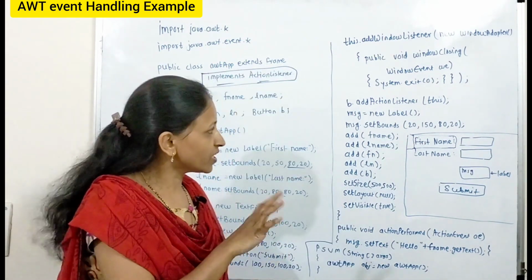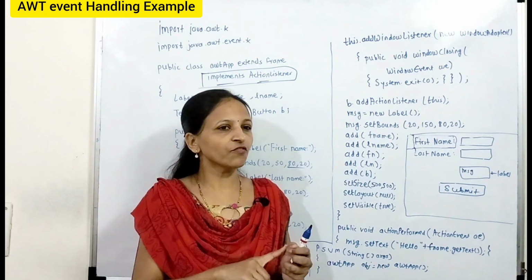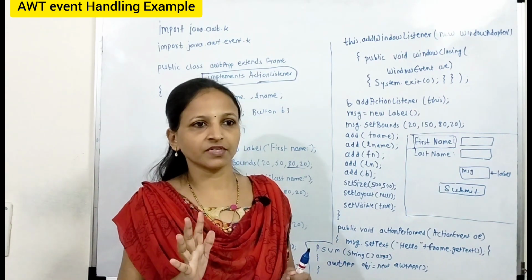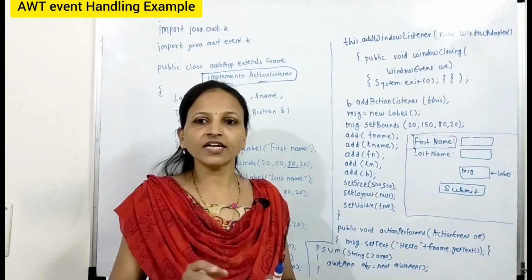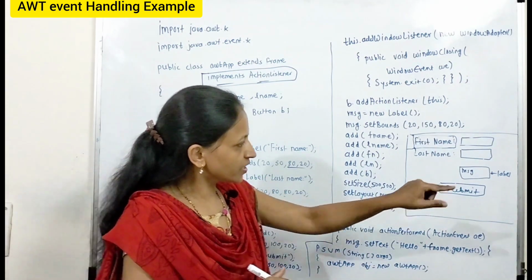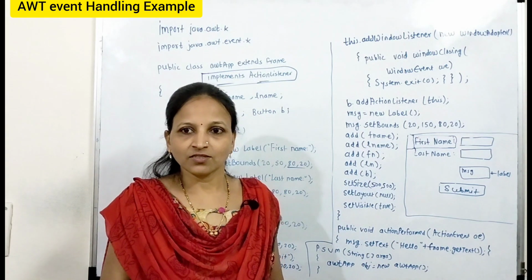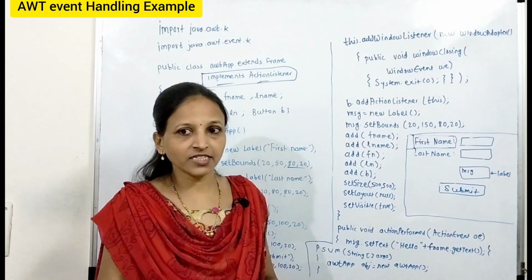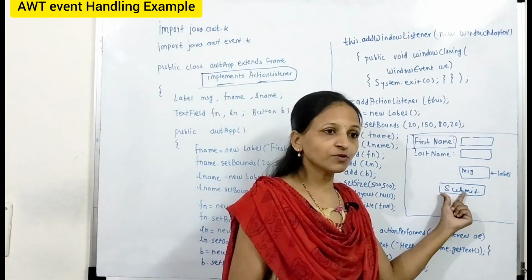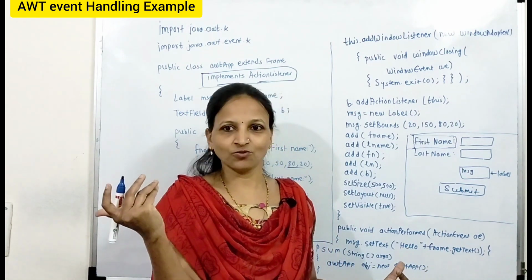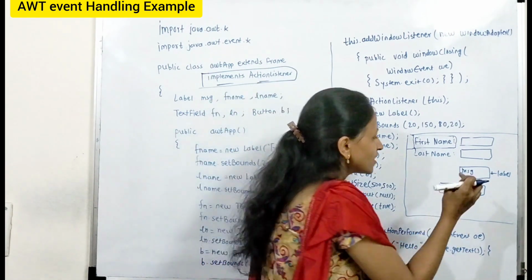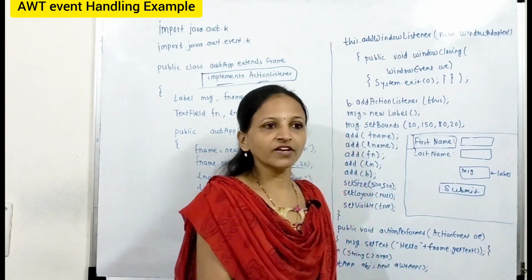In event handling, there is the concept of the event delegation model. Event delegation model means suppose you are clicking on any button, then an event will be raised and an event object will be thrown. Suppose I am clicking on this submit button, what will happen?